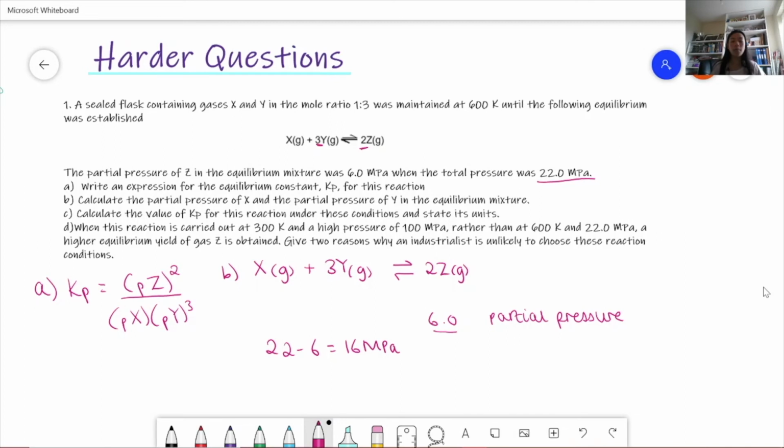And so a quarter of it is X and 3/4 of it is Y. And so if we do 16 divided by 4, this gives us the partial pressure of X because it's a quarter of it. So we have 4 megapascals of X, and then we have 3/4 of Y. So we do 4 times 3, which is equal to 12 megapascals. And that's the partial pressure of Y.